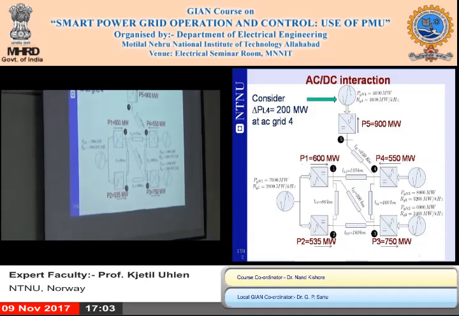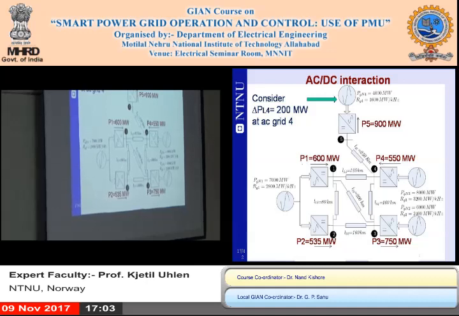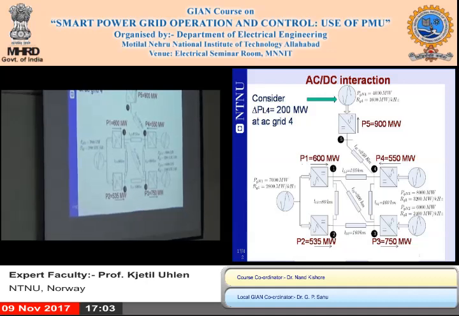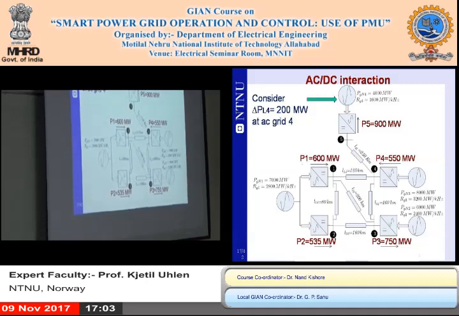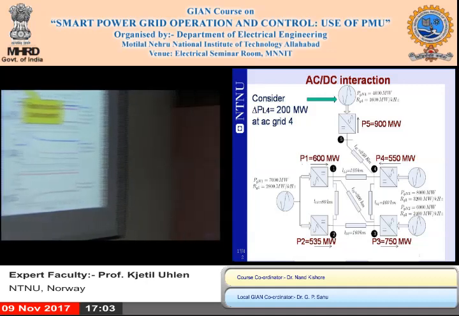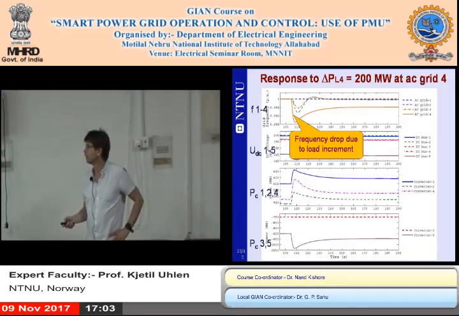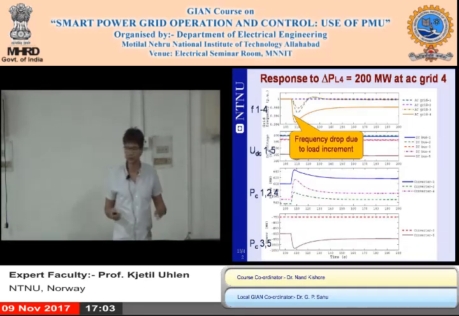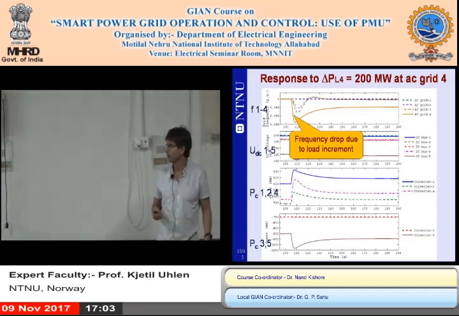I think 3 of these terminals are equipped with droop, at least this one and this one as far as I remember. And we'll see that. So what happens then when you have a loss of generation and a sudden need for more power?